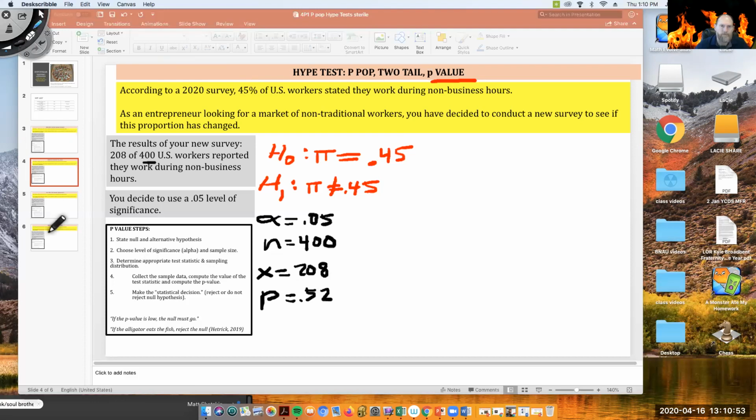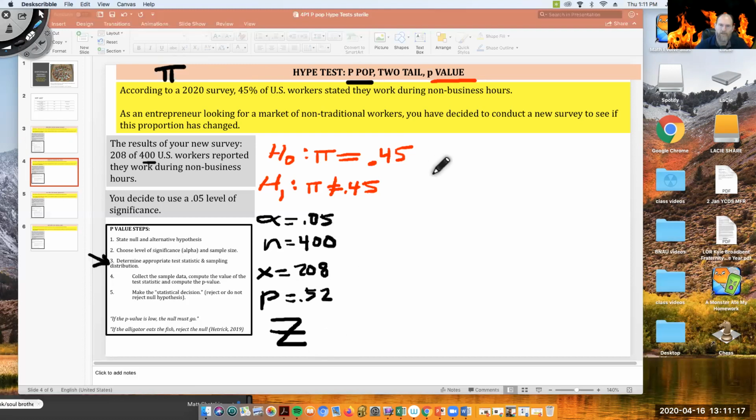All right, cool. We're now here on step 3. Determine the appropriate test statistic and sampling distribution. Well, because of this and this, we know we're rolling with the Z all day long. That's our distribution.